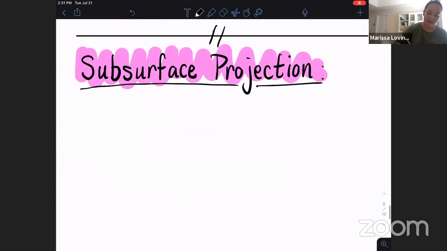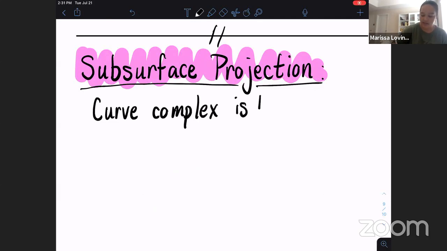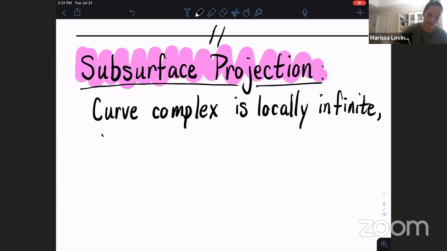We already highlighted a few issues. We highlighted that the curve complex is locally infinite. We also have that we don't have this coarse model aspect. It's not QI to the mapping class group.